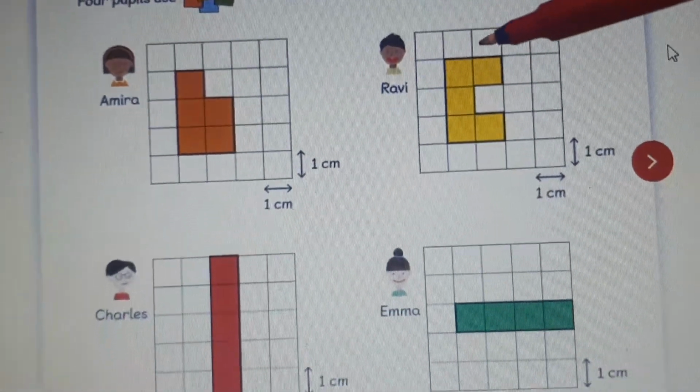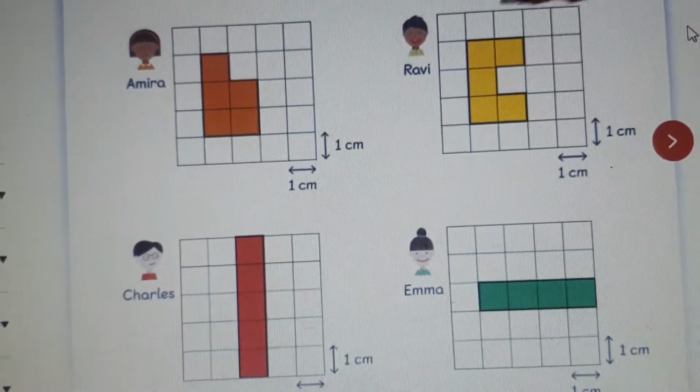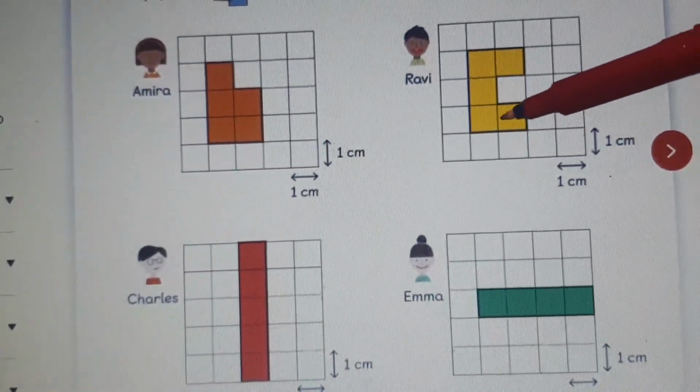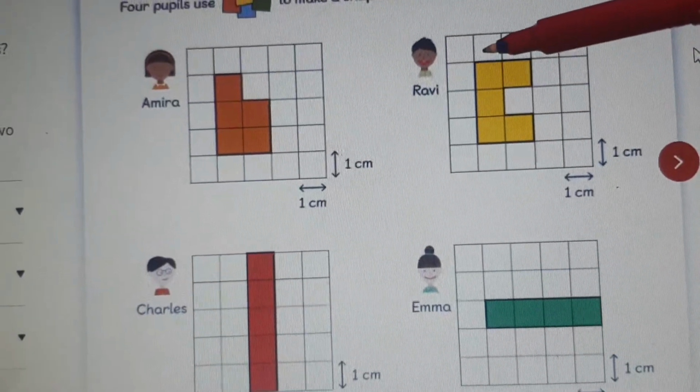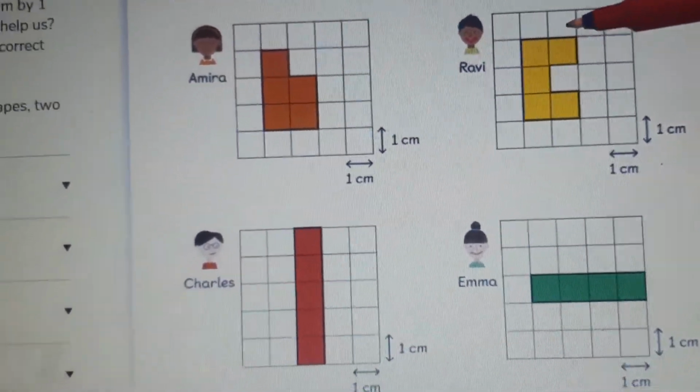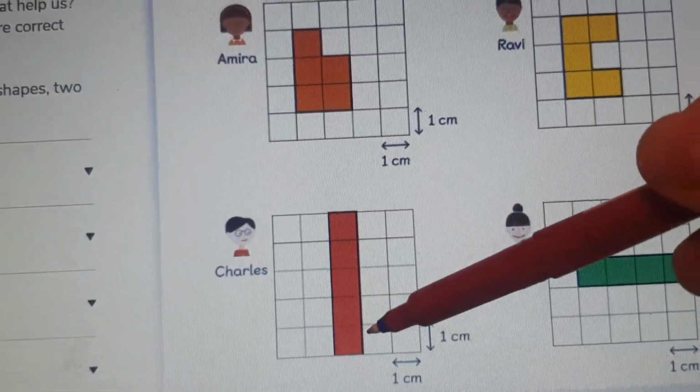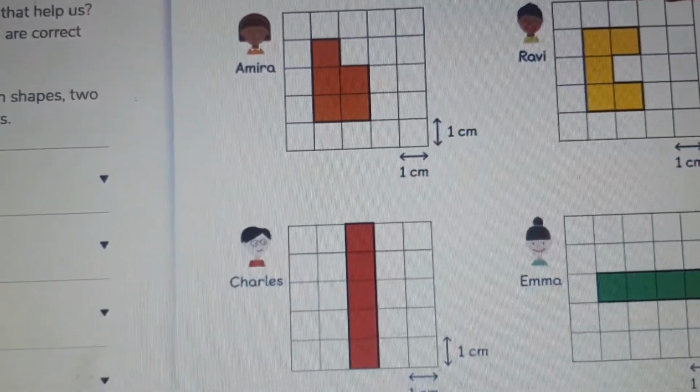Do you think Ravi's got 10? 1, 2, 3, 4, 5, 6, 7, 8, 9, 10, 11, 12. So he's got more. And Charles, 1, 2, 3, 4, 5, 6, 7, 8, 9, 10, 11, 12. So he hasn't.